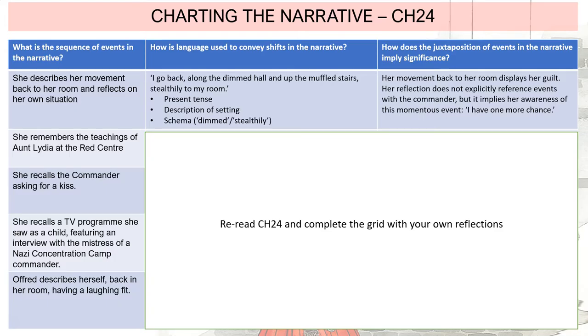We then go back into a much deeper memory of a TV program she saw as a child in which a Nazi concentration camp commander is interviewed, and there's a reflection on that. And then at the end of the chapter, she comes right back to the present and describes herself having a kind of hysterical, uncontrolled laughing fit in her room.